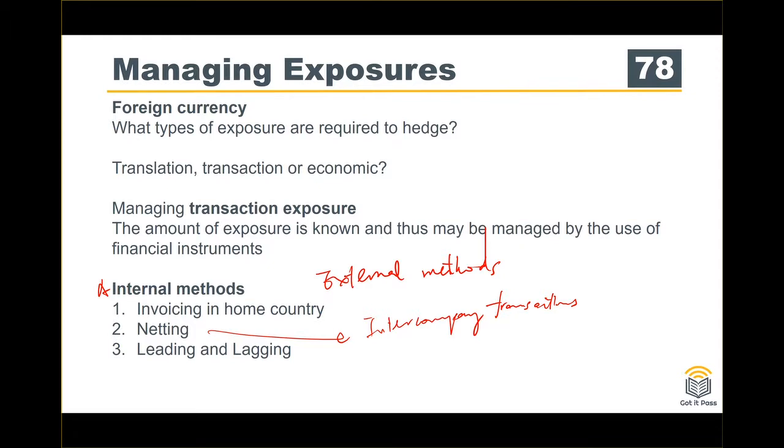That's netting. And leading and lagging, simply put, you can, for example, pay in advance. Lead is paying earlier, and lagging is paying later. So that you can manage the exchange rate risk by looking forward at any exchange rate movement in your favor, then you can shift your strategy to leading or lagging.